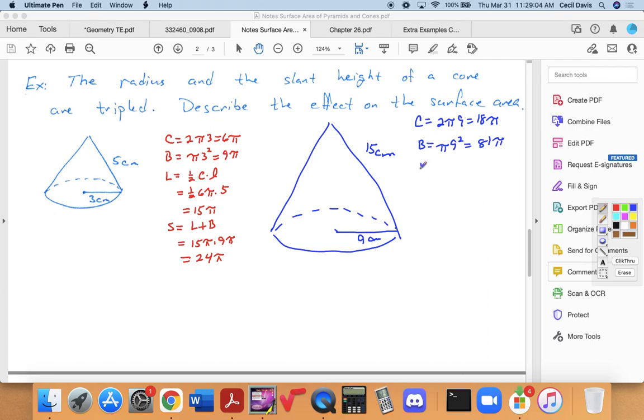Okay. Let's go on. 1/2 circumference times the slant height. So that's 1/2 of 18 pi times 15. 9 times 15 is 90 plus another 45 is 135 pi. Is this 3 times bigger than this? No. What's 3 squared? 15 times 9 is 135.